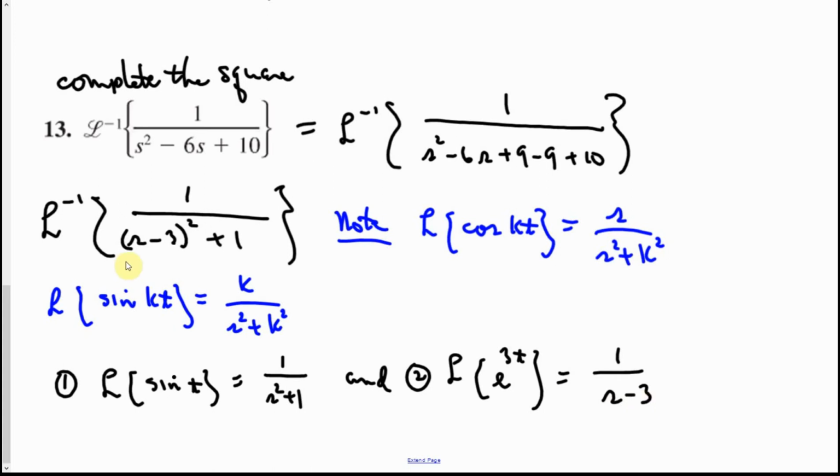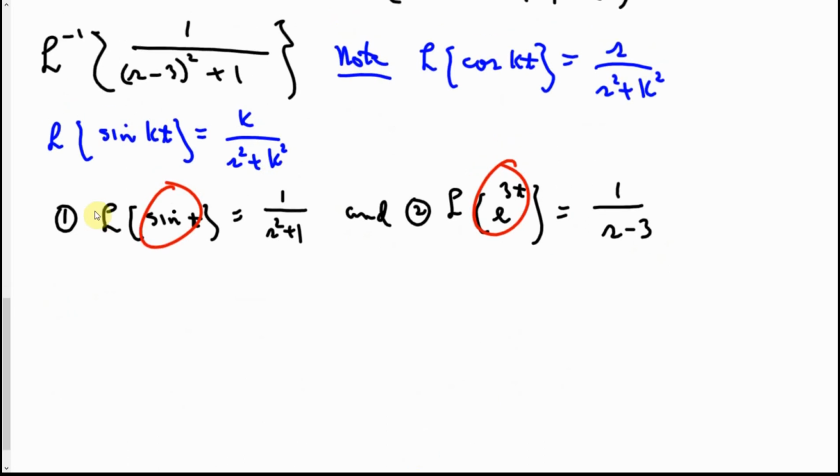So this answer here simply becomes sine t times e to the 3t, and you're done. See that? Once you see the two compositions of the Laplace transforms, then you can easily write your answer.